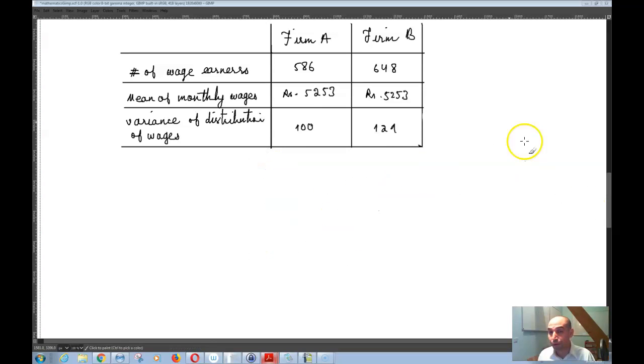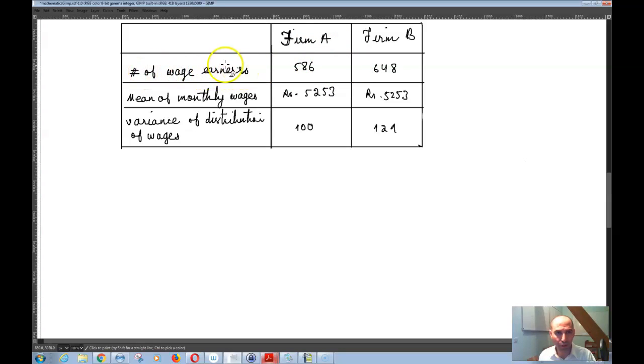Okay, so now basically what we have here is this data, which is basically this firm A and firm B in the same industry. And this is an analysis of the monthly wages paid to workers in these two firms, again belonging to the same industry, and we have these results over here.